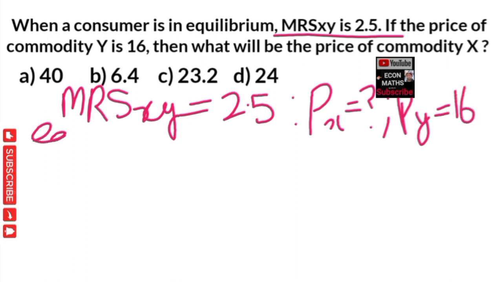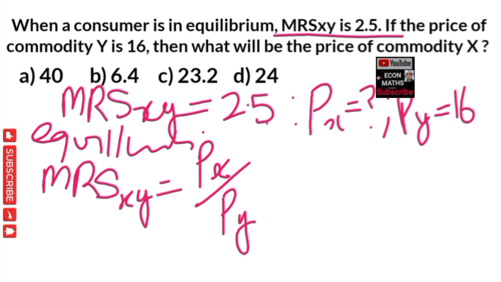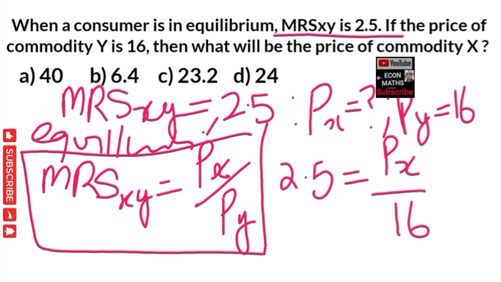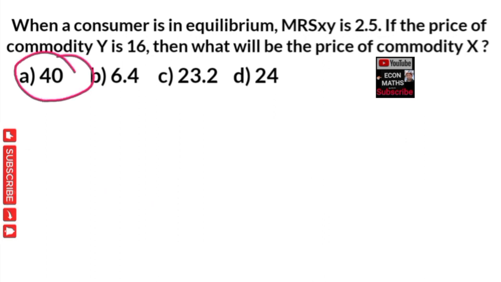So we used the equilibrium condition: marginal rate of substitution between X and Y should be equal to the ratio of the price of good X divided by the price of good Y. Our marginal rate of substitution was 2.5 and the price of Y was 16. When solving, price of X is 16 into 2.5, which comes out to be 40. So the correct option was 40.